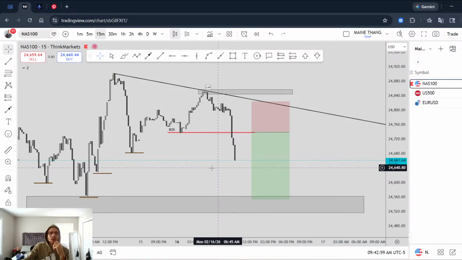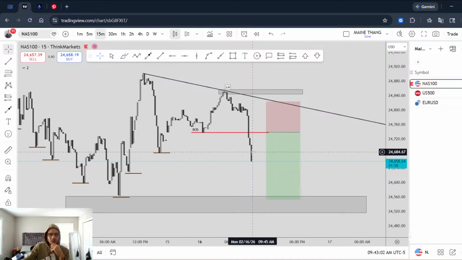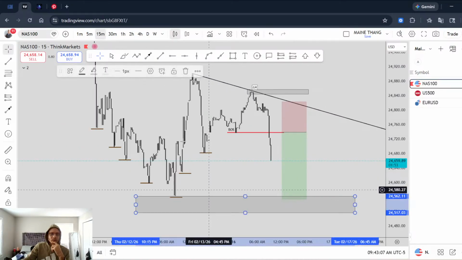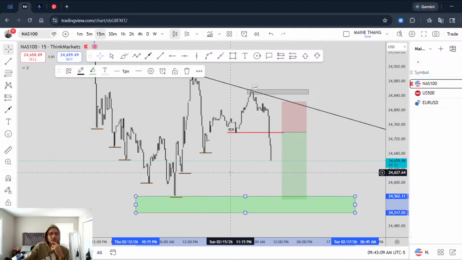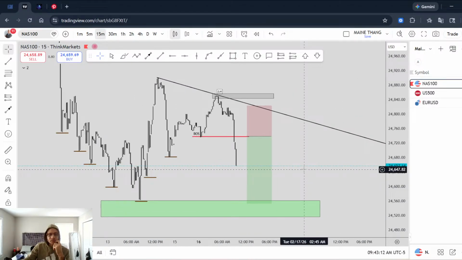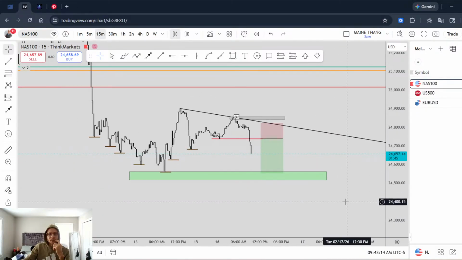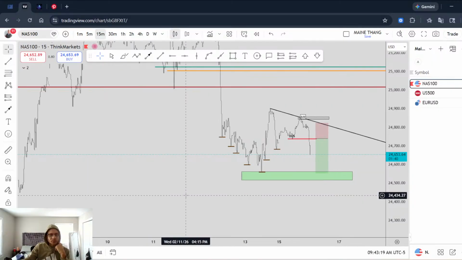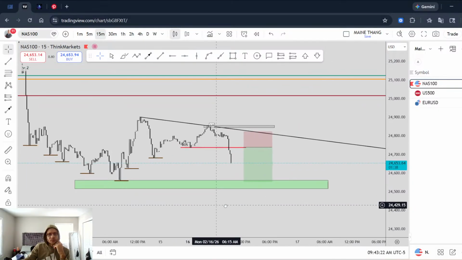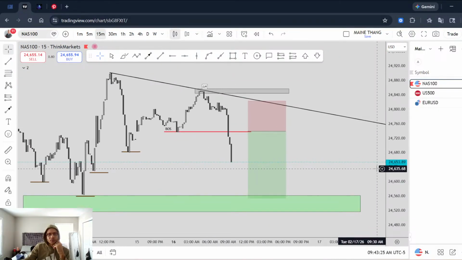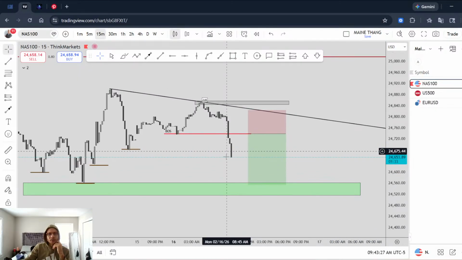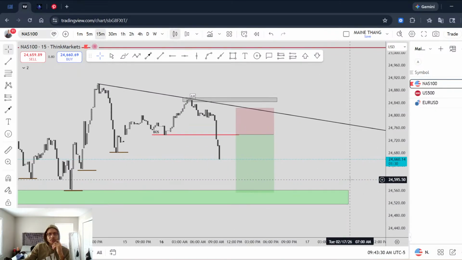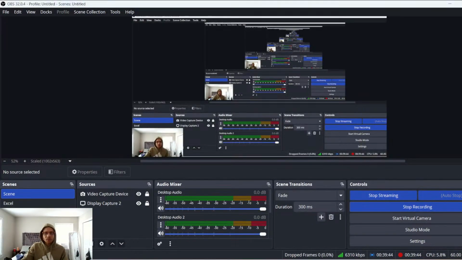We do not FOMO into this trade, especially if price is coming all the way down to the target already. It's a wrap for that trade. Nice little push though. We still rolling.